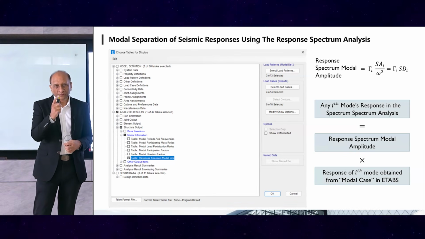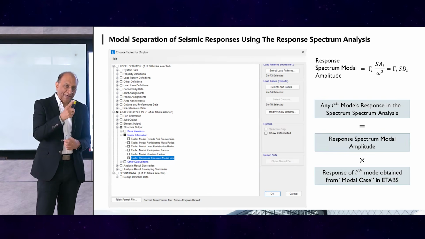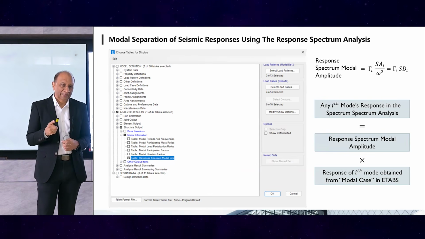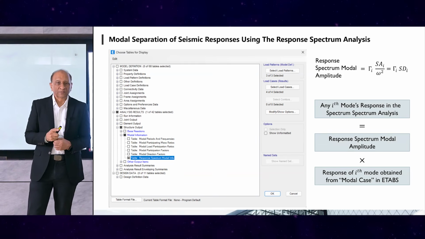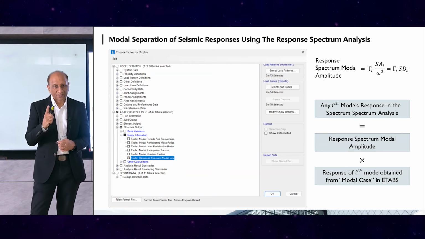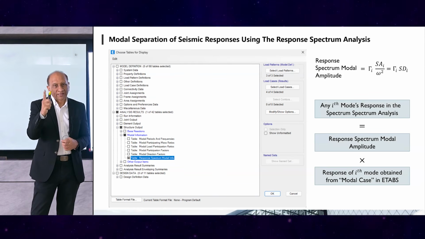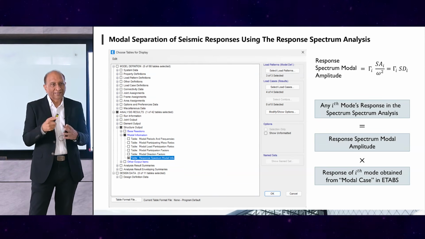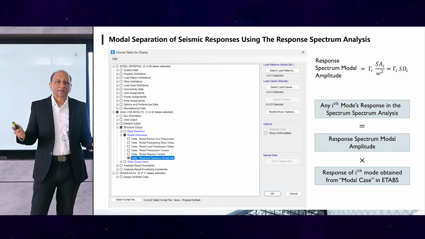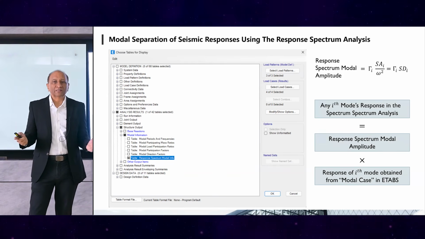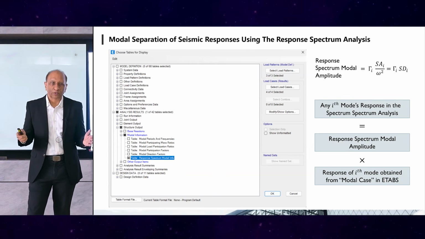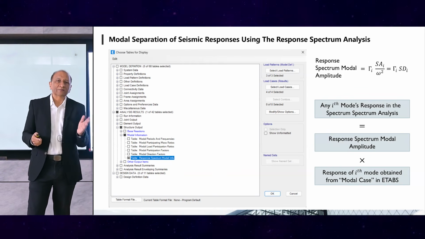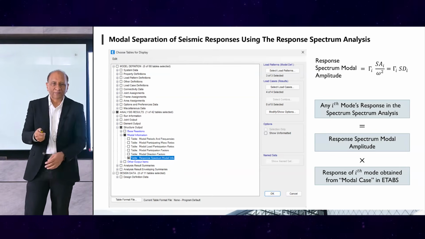But if you go to recent ETABS, they have added a new output at the last column, which gives us the modal separation of the seismic response using response spectrum analysis by giving you factors that you can use to multiply with the individual modes and get individual mode response, rather than let the program combine the modes by some combination method. So when you separate the modes, you can get the response for each mode independently.